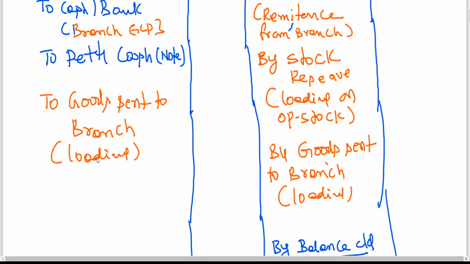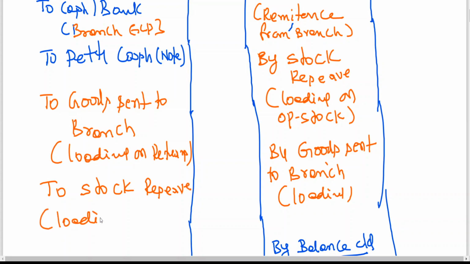To goods sent to branch, loading. Then to stock reserve. This is for returns loading. Loading on returns. To stock reserve. Loading on closing stock. I've written it with the red pen.